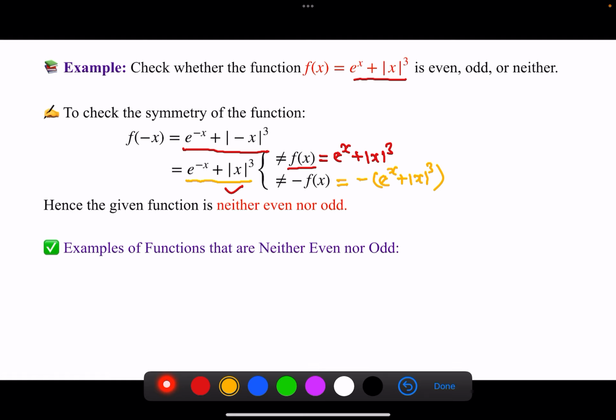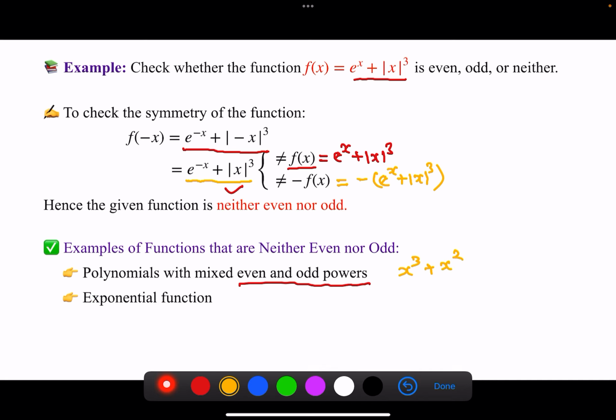Now we discuss some examples of functions that are neither even nor odd. Polynomials with mixed even and odd powers are neither even nor odd, for example, x cube plus x square. Exponential functions, functions of the form a raised to the power x, where a is not equal to 1 and a is always greater than 0.